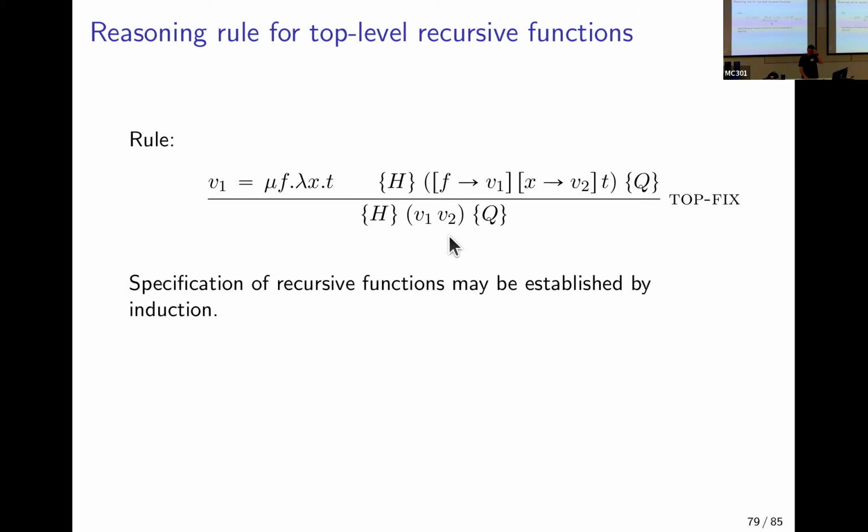If you have a recursive function, it is exactly the same, it's not a smart rule. It is just, again, the beta reduction of v1 v2 to the body, in which we replace the argument with v2 and the function name itself with the whole definition.